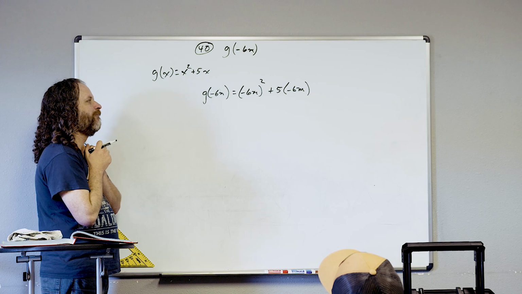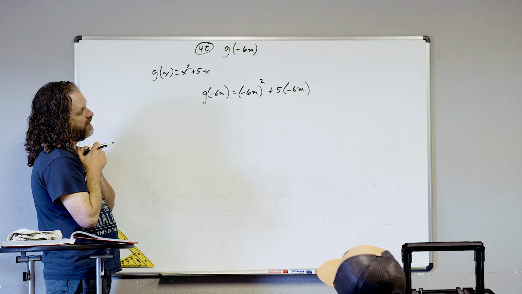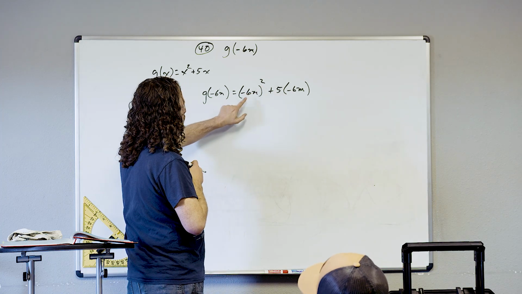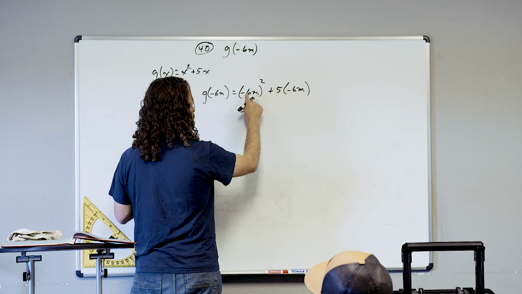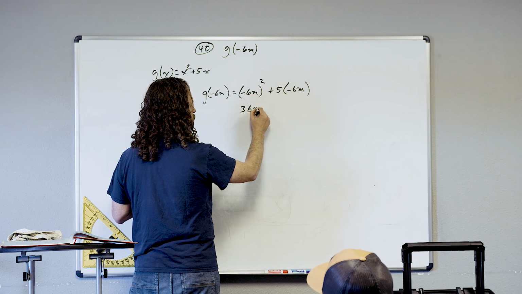It's not 52. It's not 32 either. It is 36. And it's positive 36 because it's that times itself, right? So it comes out positive 36. And we have to square both things. So it's 36m squared.